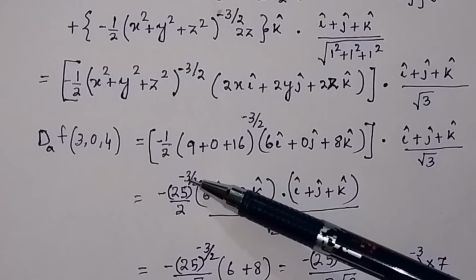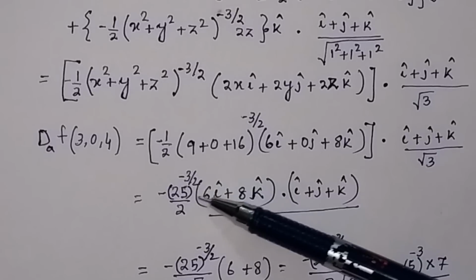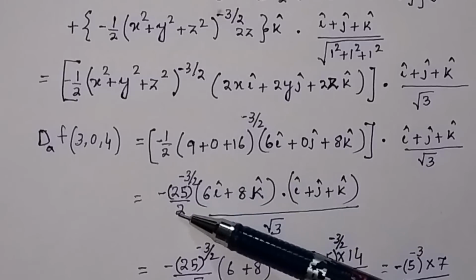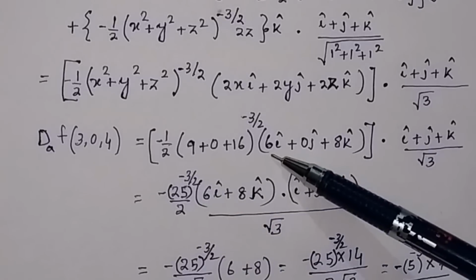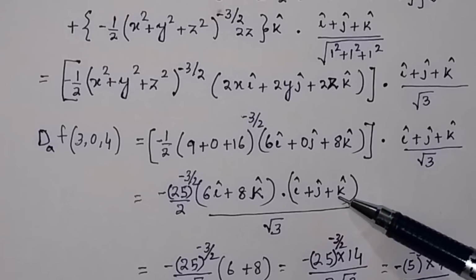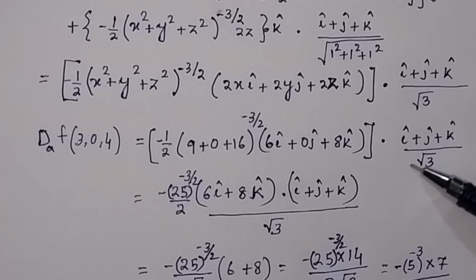So minus 25 to the power minus 3 by 2, and here you also have 2, so divide by 2, then 6 i cap plus 8 k cap dotted with i cap plus j cap plus k cap divided by root 3.